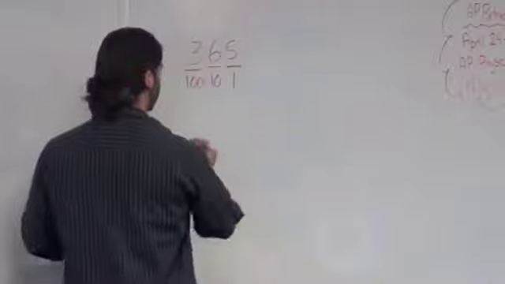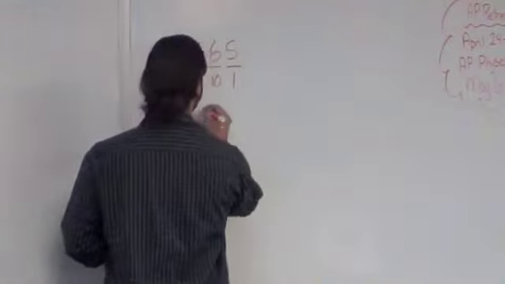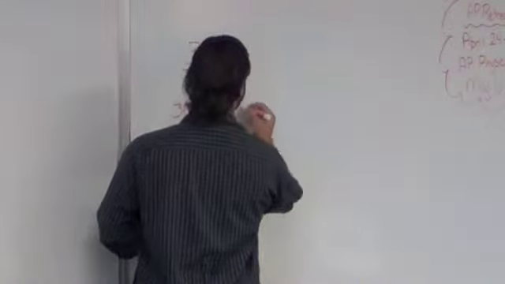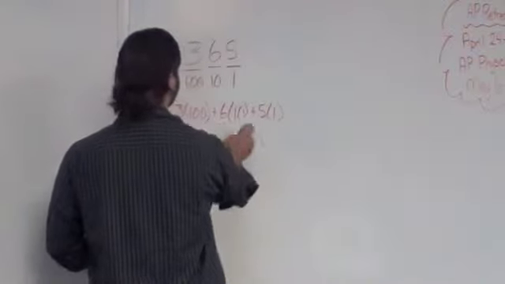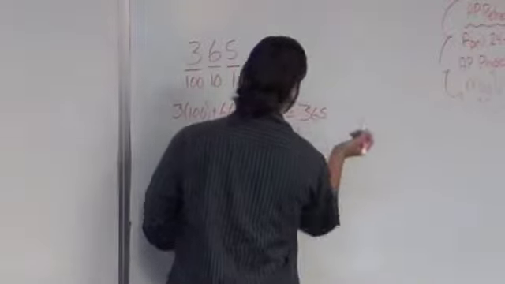So even though you're not really conscious of it, you're doing 3 times 100 plus 6 times 10 plus 5 times 1, which is 300 plus 60 plus 5, which is 365.